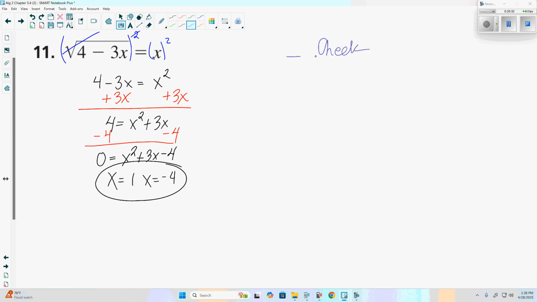And again, we're going to check it. So with -4, we're saying the square root of 4 minus 3 times -4 is equal to -4. There's a good chance this is not going to work out. Part of the reason is that there's not going to be a number that comes out of a square root that is negative.